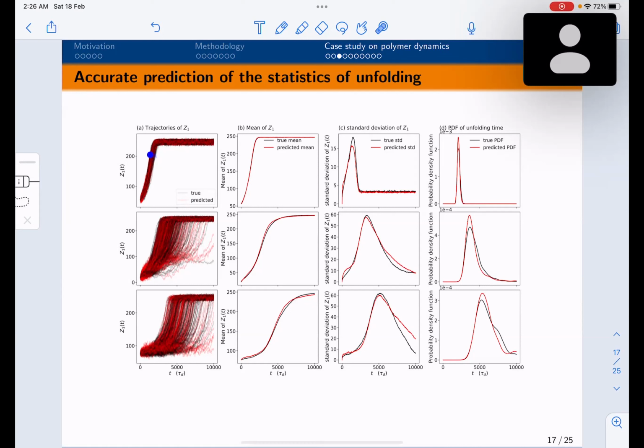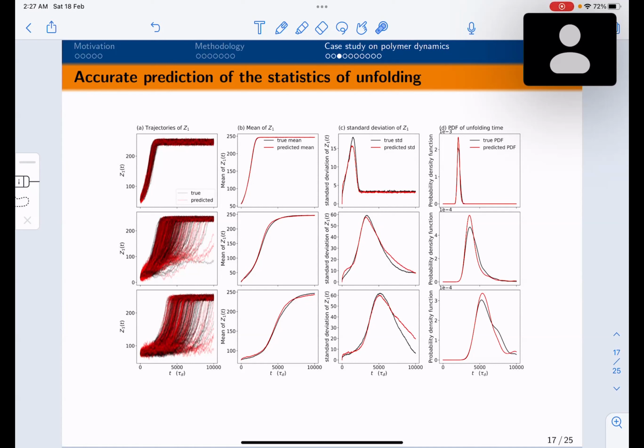We can see for this one, the polymer will stretch very fast to the unfolding state. And for this one, there are some very fast trajectories, and also slow ones. We can see the red one can capture the fast and the slow ones. And also for this one, almost all the trajectories tended very slow. Our method also can capture this, right?